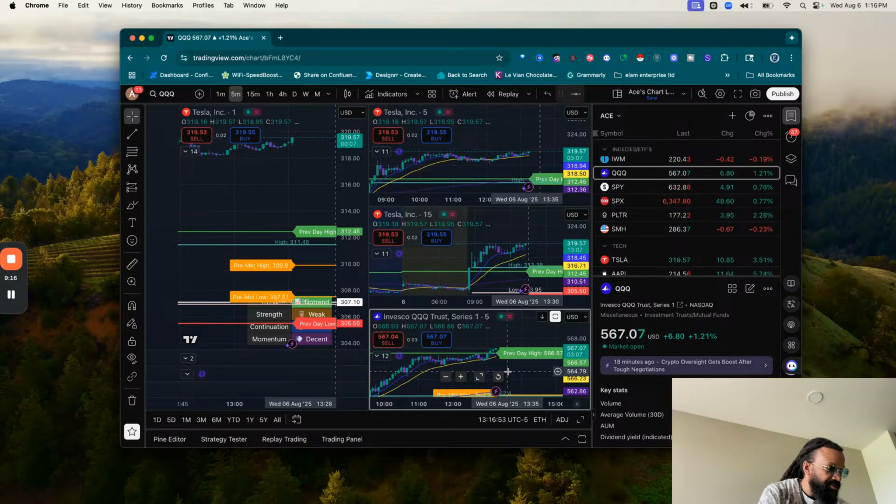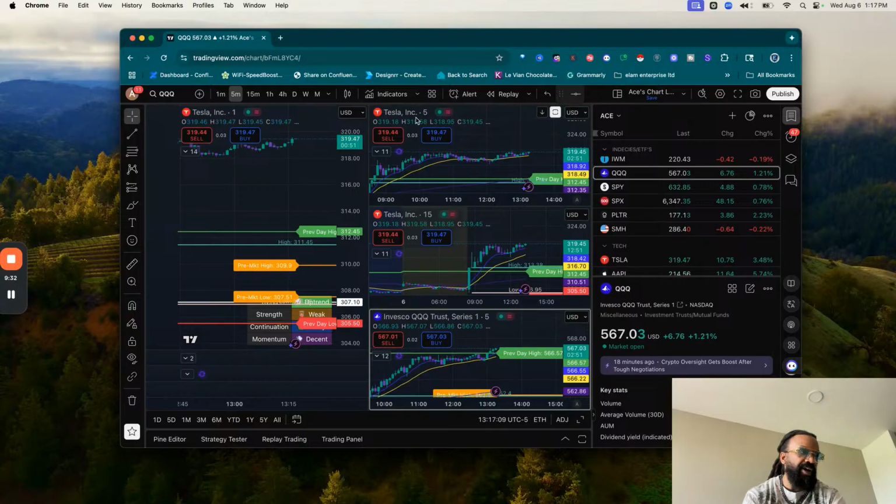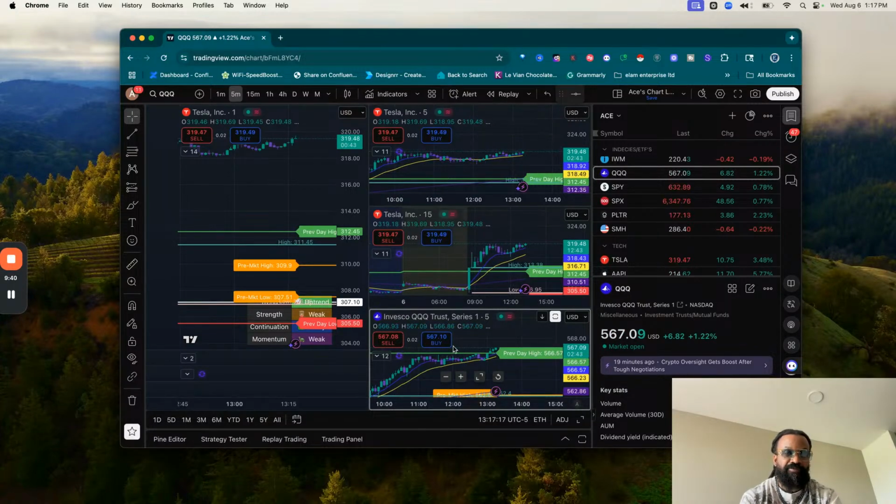Let me pause before, because things could move pretty quickly, so I don't want to leave anyone behind. All right, what I'm looking at is a couple of things. I'm looking at Tesla on the 1 minute, 5-minute, and 15-minute time frames, and I also have QQQ pulled up for confirmation of direction for this particular trade.